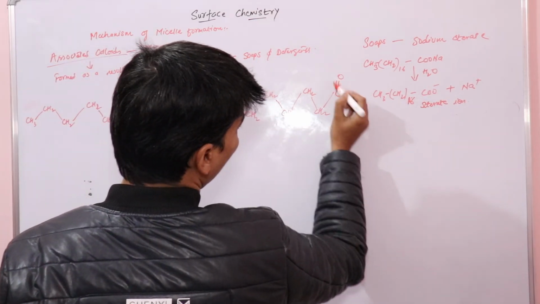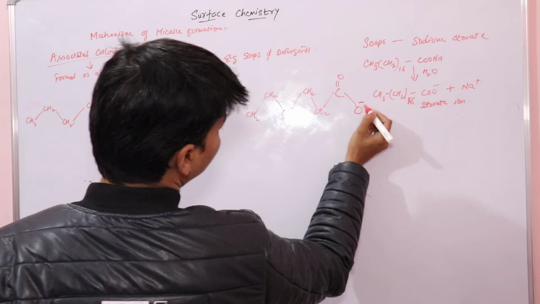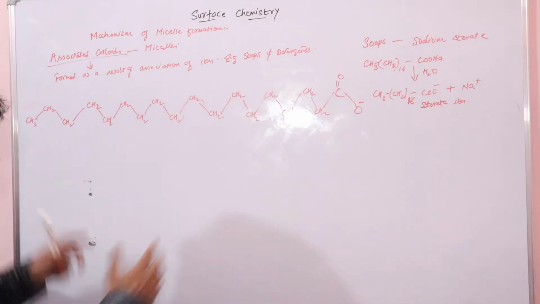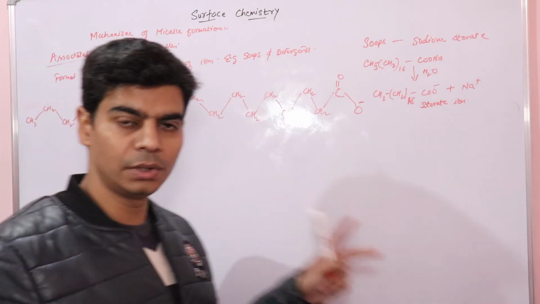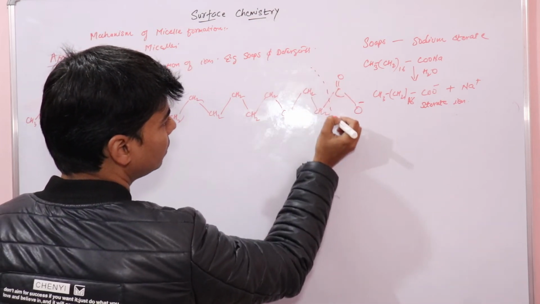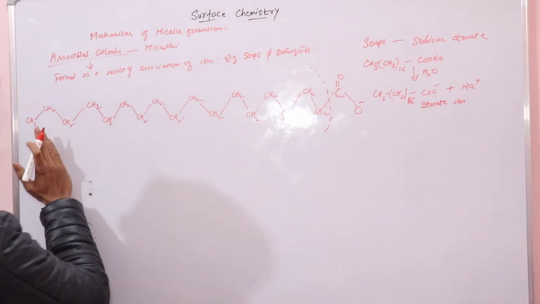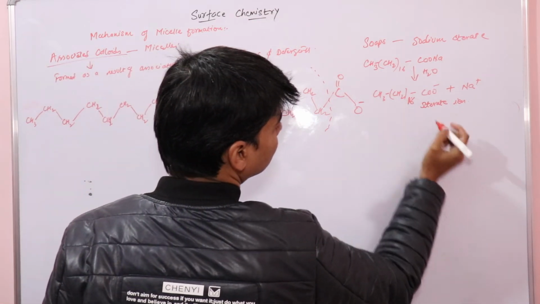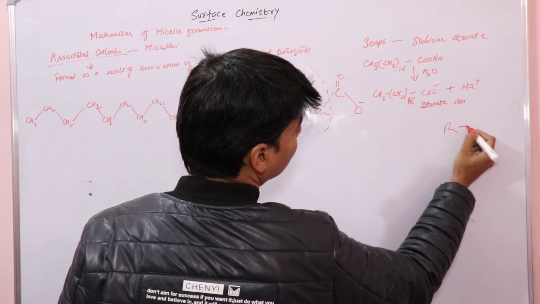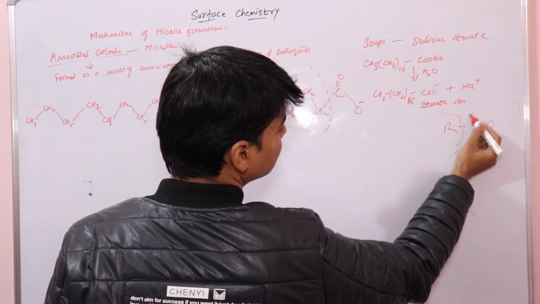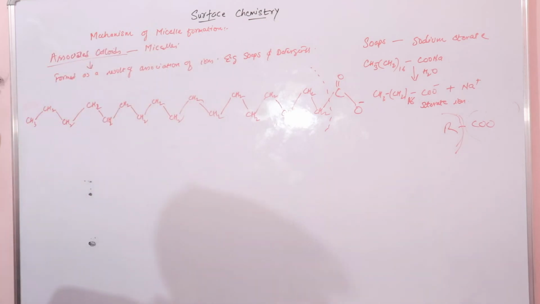So this is COO with a negative charge. To understand this, we look at the ion in two parts. One is the long hydrocarbon chain, which we generally call R, and the other is COO.